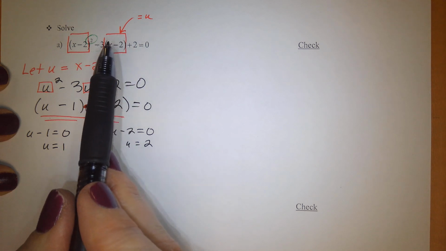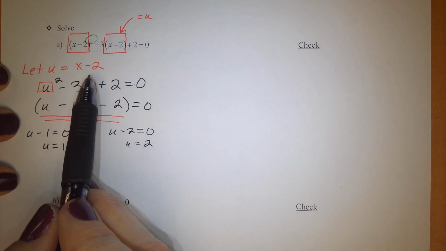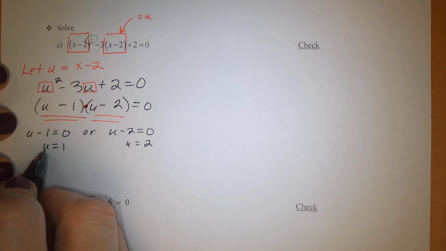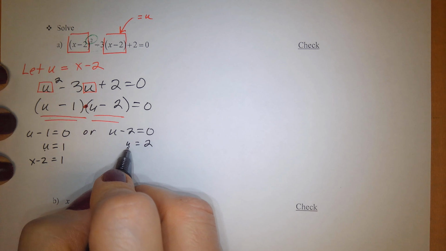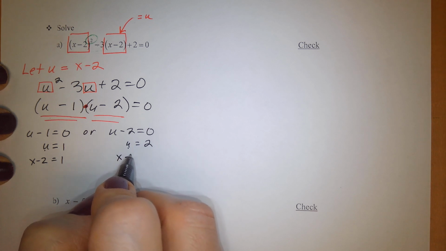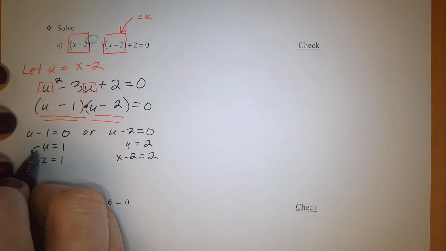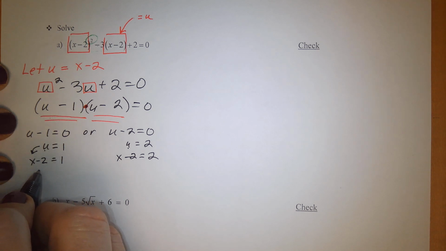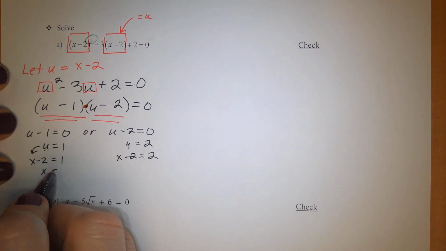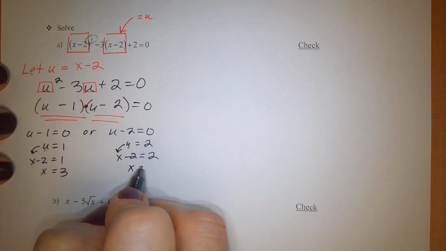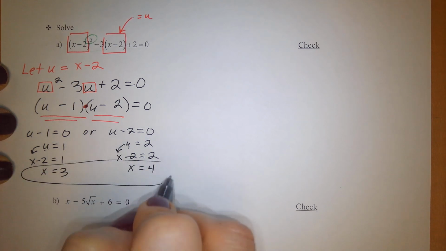So we have to substitute now x minus 2 back in for u. So instead of saying u, we're going to say x minus 2. So when we substitute those back in, if we add 2 to both sides, x is 3. And if we add 2 to both sides, x is 4.